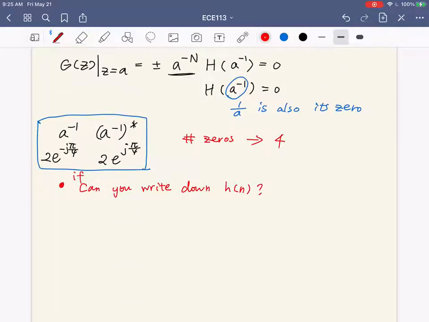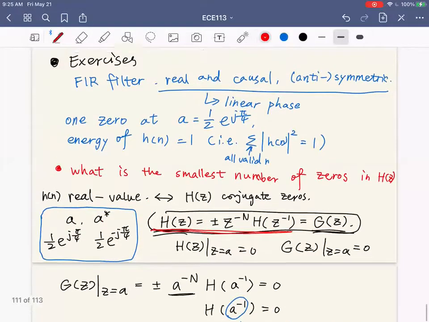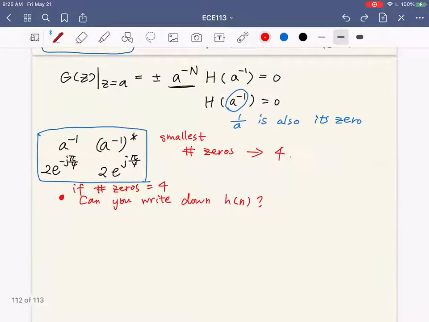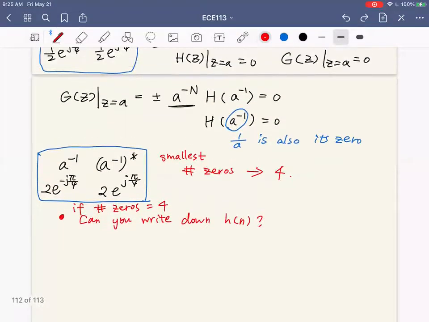So here we see it is the smallest number of zeros, right? It can have even more if it gives us other clues, okay? But given this limited information, we know that the smallest number of zeros is 4.